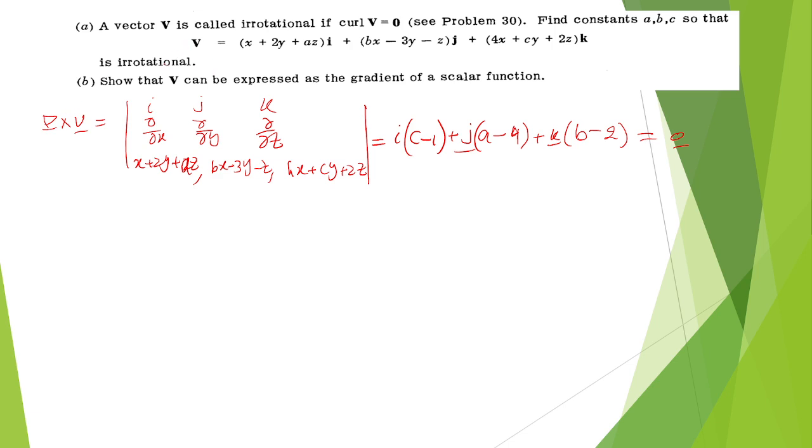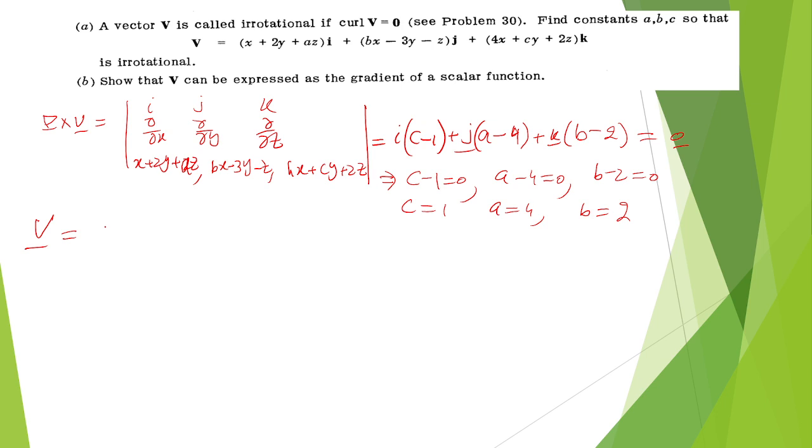if V is irrotational, so the curl will be 0. If I put this 0 vector, then this implies the i component is 0, the j component is 0, and the k component is 0. So that implies c is 1, a is 4, and b is 2. So V is irrotational if a, b, c have these values.